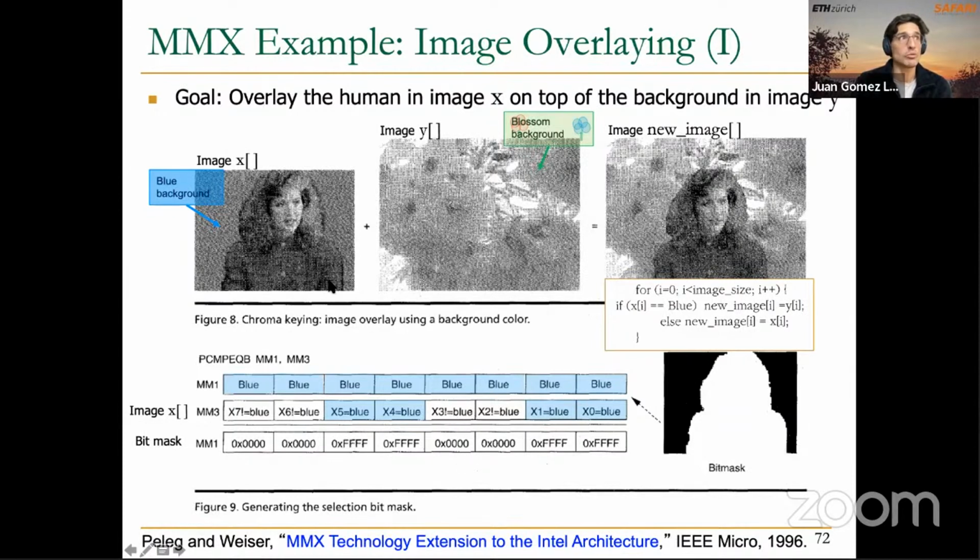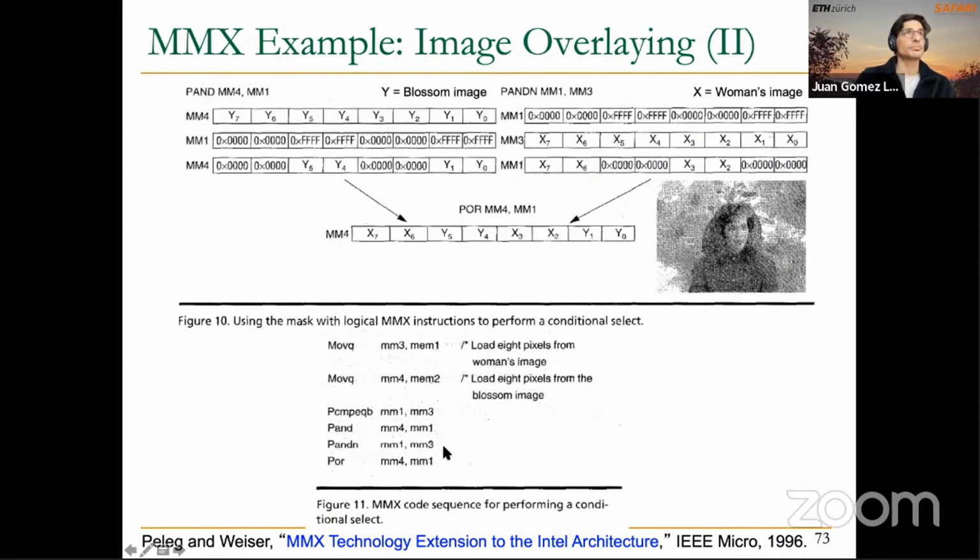If the pixel is not blue, that is, it belongs to the woman, then the corresponding bits in the bit mask will be 0. And by using this bit mask, we can easily compute the output image with the woman in front of the blossom. This is our blossom image, and notice that here we are using the mask as such.